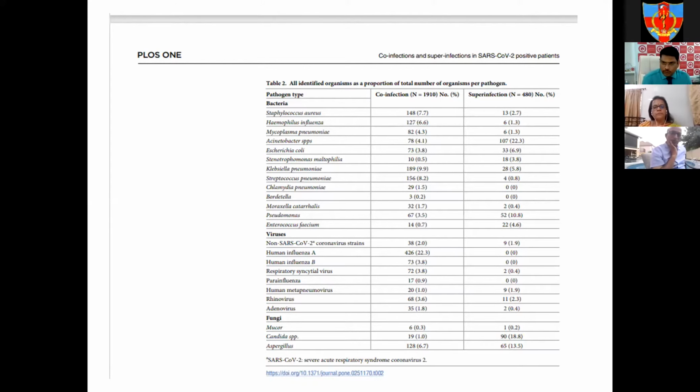The reason why we need to understand this profile of co-infections and super-infections is that they are the ones which have determined the outcomes of COVID-19 infection in hospital settings. Co-infection has prolonged the hospital stay, and super-infection is directly related to COVID-19 associated mortality and morbidity.